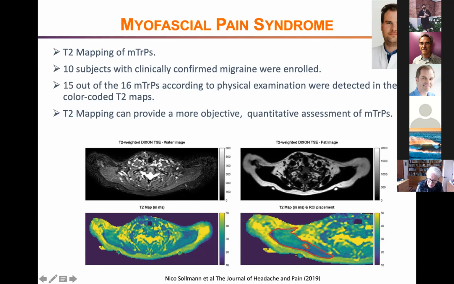So you see here again, the group here in Munich, they acquired some Dixon type images first to look also at fatty infiltration, and then they did a T2 map, and you can see here the muscles and the regions of interest here of the muscle, and this small enhanced signal region in the middle, and that's identified as a trigger point.